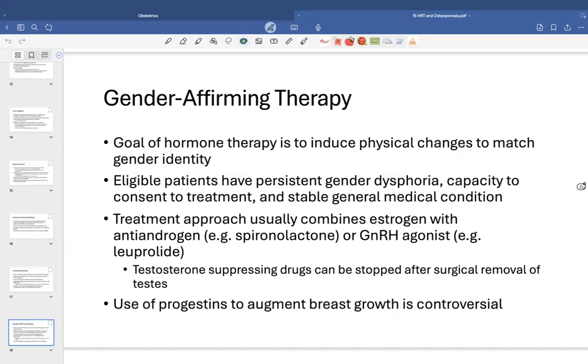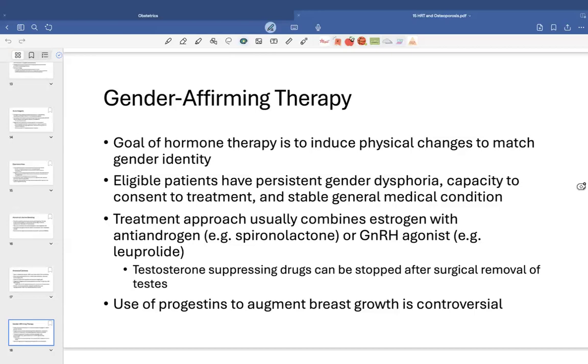So the anti-androgen therapy will start. That will be something like high-dose spironolactone, which blocks androgens, or gonadotropin-releasing hormone agonists like leuprolide. Then the surgical removal of the testes to help eliminate a significant amount of androgen production.